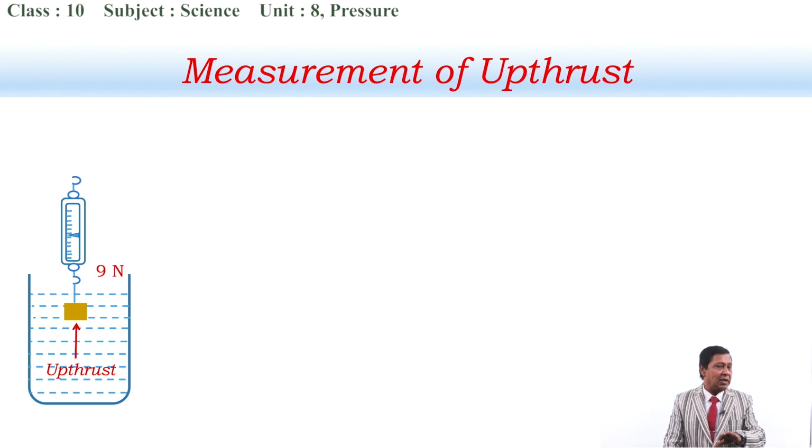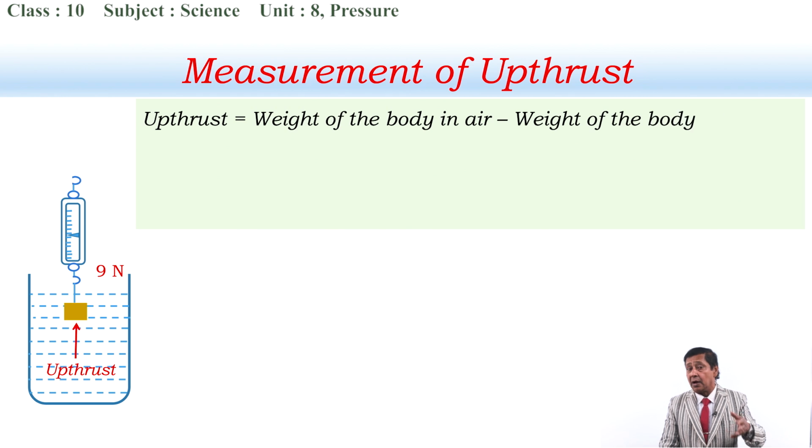It means we can easily understand that 1 Newton is the upthrust, which can be measured by using this equation. Upthrust is equal to weight of the body in air minus weight of the body in liquid. If we have to find the upthrust exerted by a liquid on a body, take the weight of that body in air and again take the weight of that body in liquid, and subtract the weight in liquid from the weight in air, then we will get upthrust.